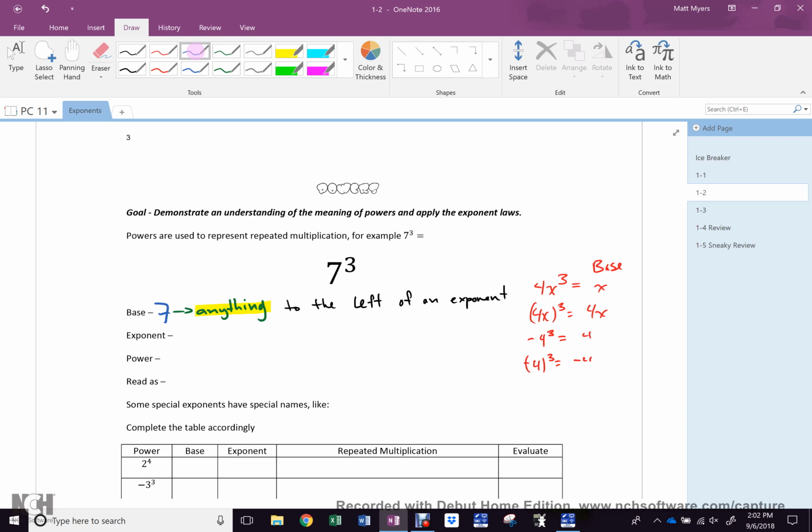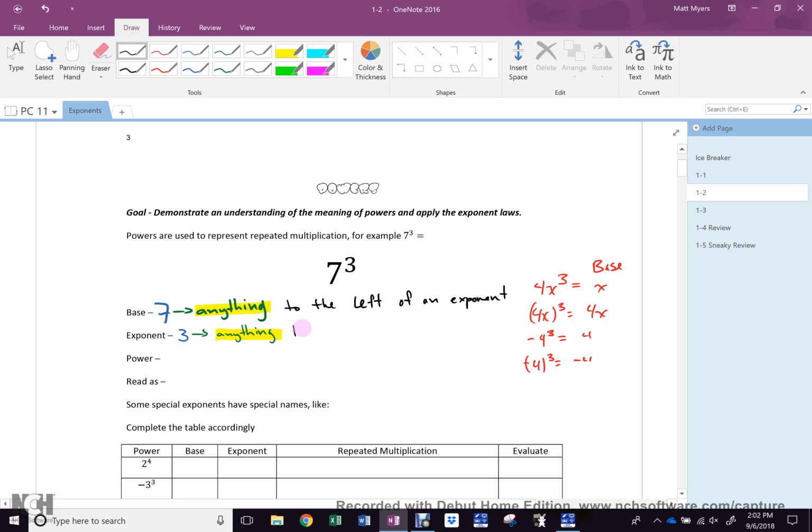What's the exponent? In this case, in this example, my exponent is what? 3. Describe it to me. It is anything, and I'm highlighting that again. Yeah.